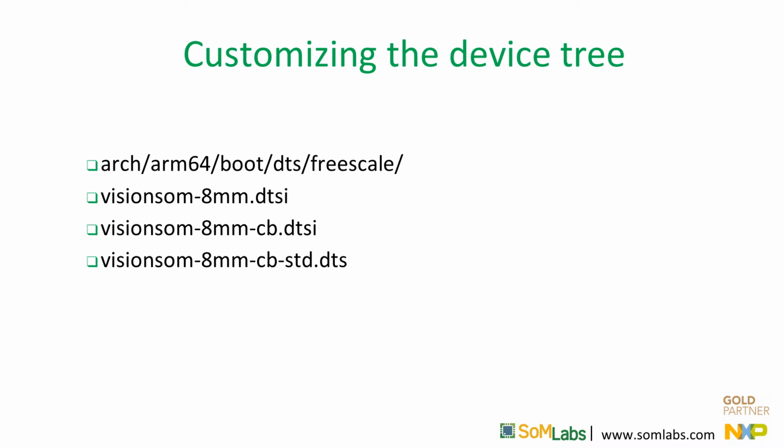The first 2 of these files have the DTSI extension and are appended to the last one with the DTS extension. Together, all these 3 files form a complete configuration of the specific carrier board with the connected module.